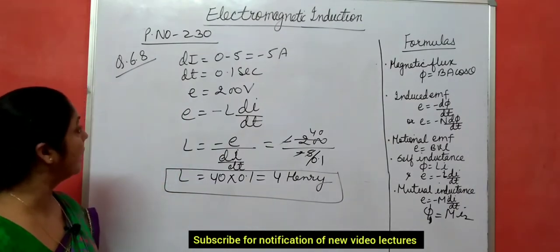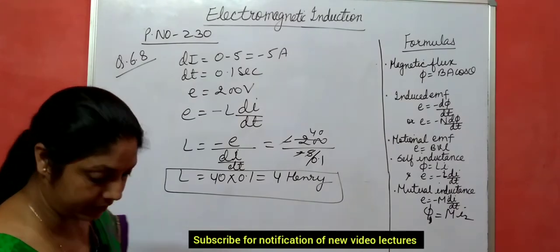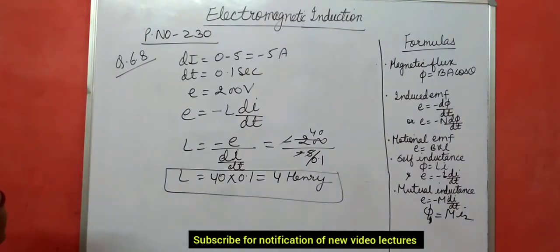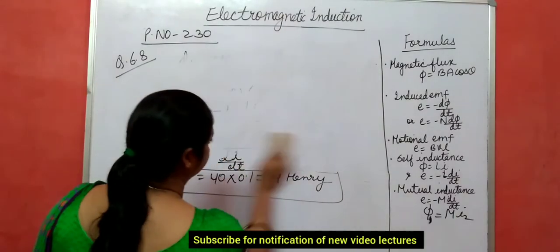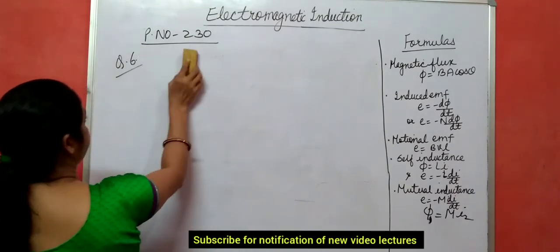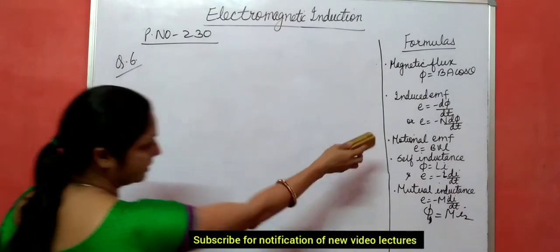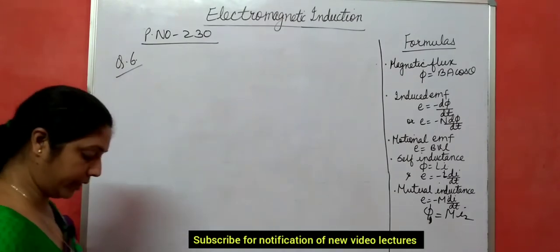Okay. After this, next question is 6.9. Note down. Okay, 6.9. It's a very simple question, just based on the formulas which you had studied. Question number 6.9.